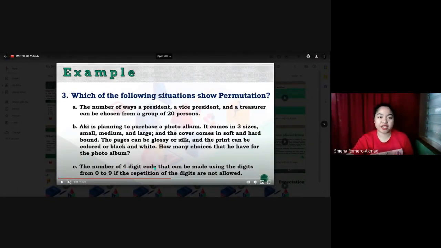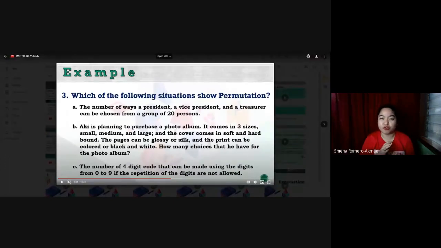Whenever you create a code for your cellphone lock, right? Suppose the only numbers in your code are 0 and 6. We just arrange them in different ways. Right? But 0660 is different from 6006, and so on and so forth. So when you arrange a code, automatically that is permutation, because the positions are different, the arrangement is different. Okay?